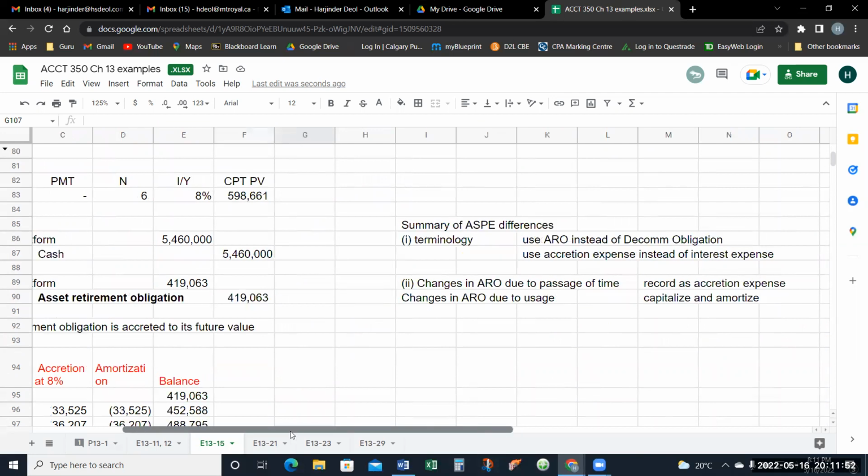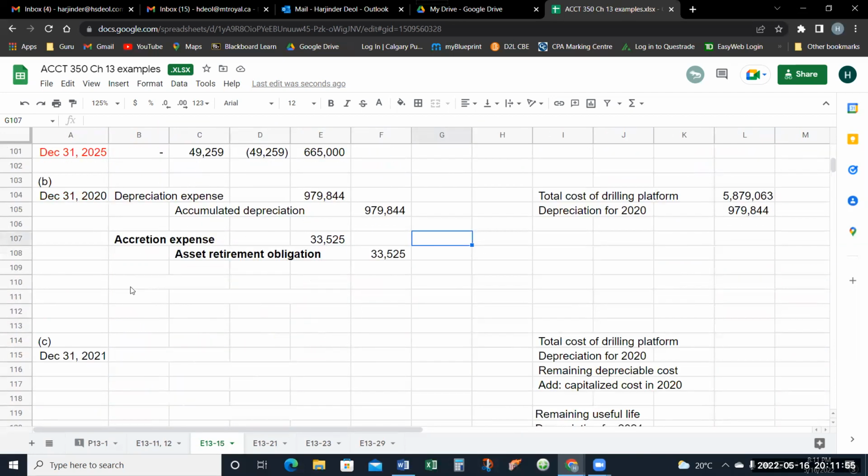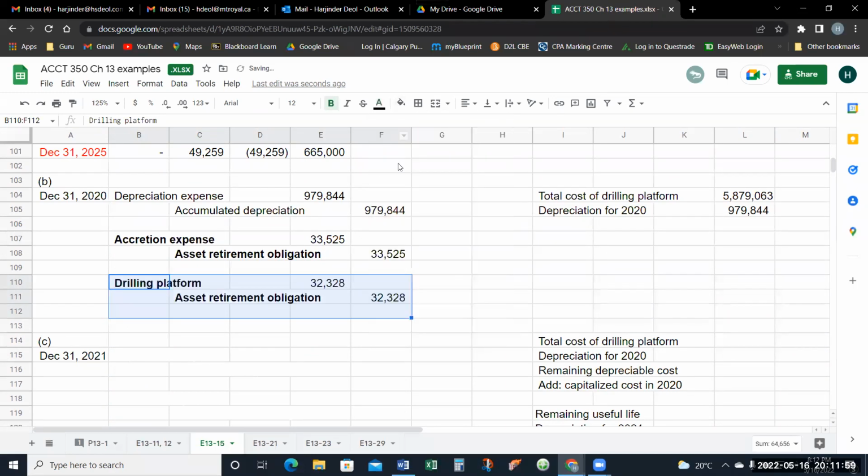So what that means is, and this is where I had not correctly shown you the solution during class, I had debited accretion expense, and that's not correct. We should debit the cost of the drilling platform itself, and the credit goes to the asset retirement obligation. Now, what that means is that we are adding $32,328 to the cost of the drilling platform.